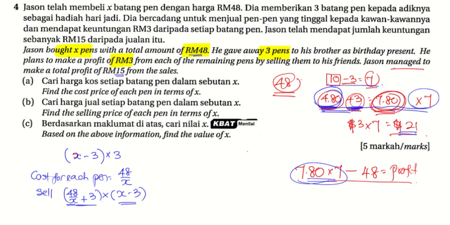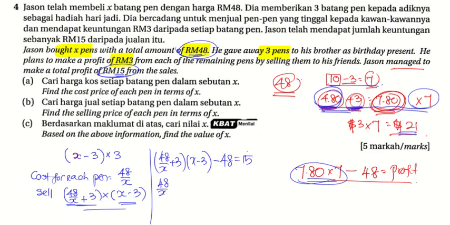And then after you minus the cost, this is what you get: 48 over X plus 3, times X minus 3. You minus your cost. Cost is 48 ringgit, and you will get the profit 15 ringgit. So 48 over X plus 3 times X minus 3 equals 63.